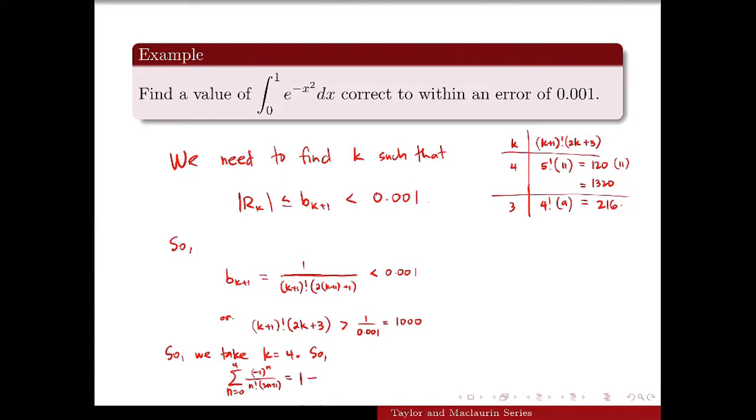When n equals 1, we have 1 over 3, plus when n equals 2, we have 1 over 2 factorial times 5, minus, so n equals 0, n equals 1, n equals 2, n equals 3, we have 1 over 3 factorial times 7, plus 1 over 4 factorial times 9. Okay?